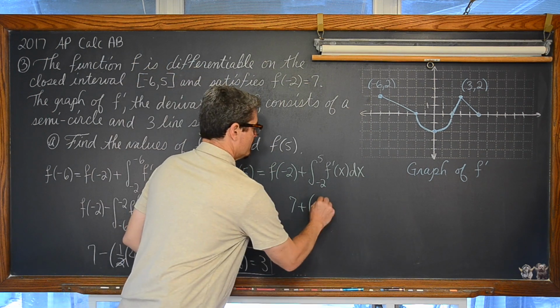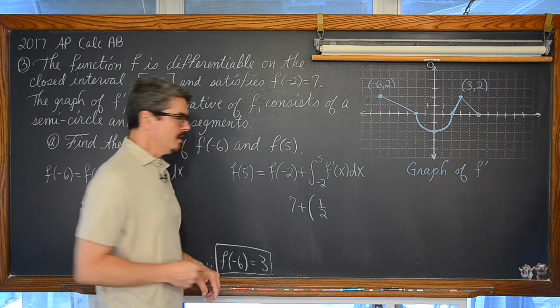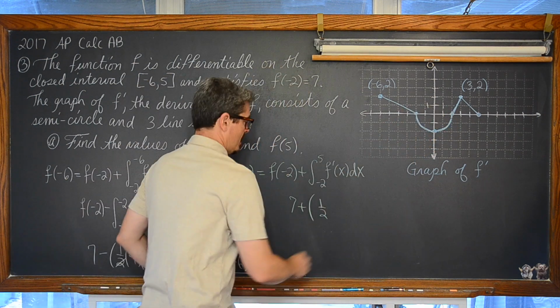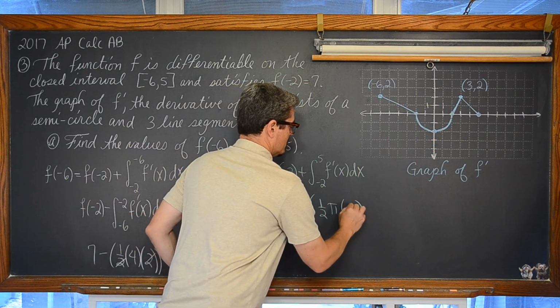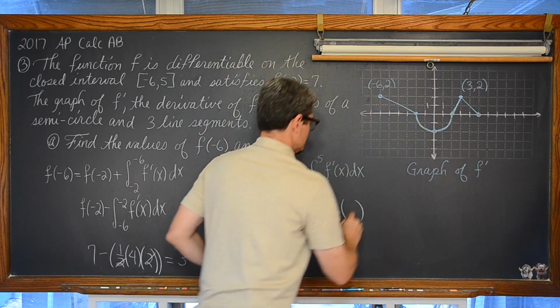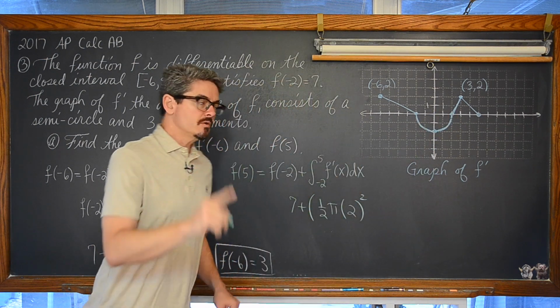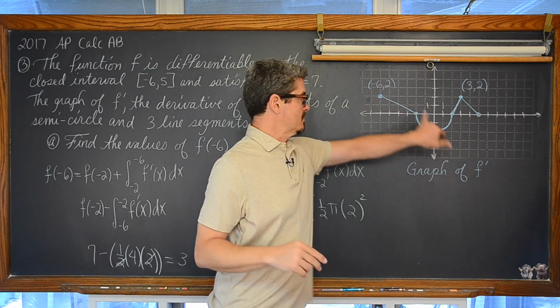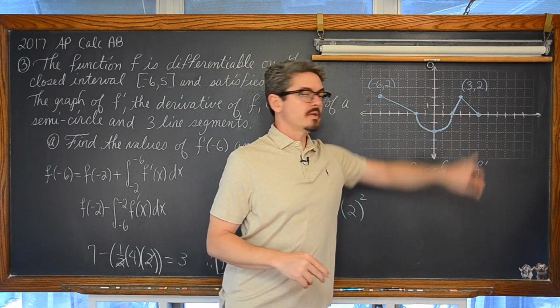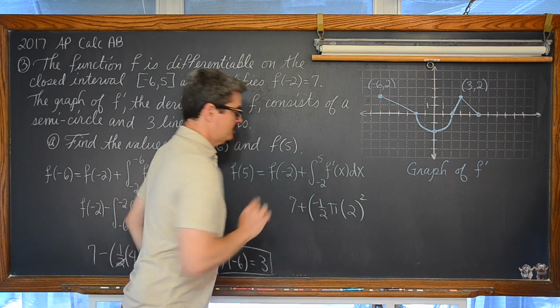So we have 1/2 for the semicircle, pi r squared, and the radius is equal to 2. But make sure you realize that this area that you're accumulating is below the x-axis, so this is going to be a negative value.